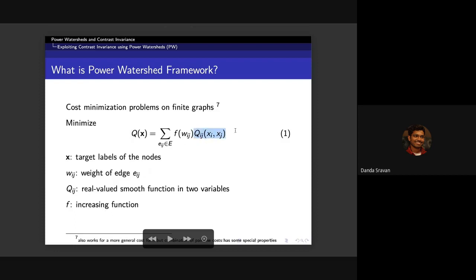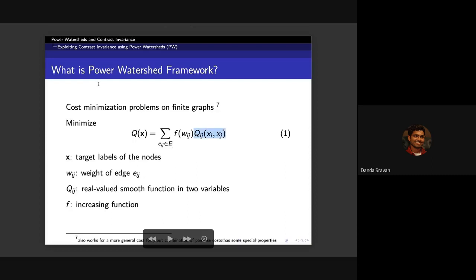For every edge in my graph, the cost function can be split into several terms, and each term depends on just two adjacent labels. It doesn't have triplets or quadruplets and so on. So it can be written in this simple form.